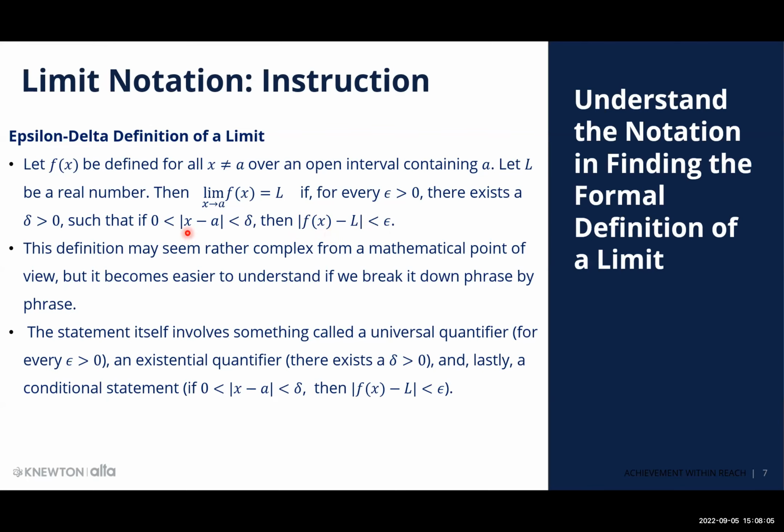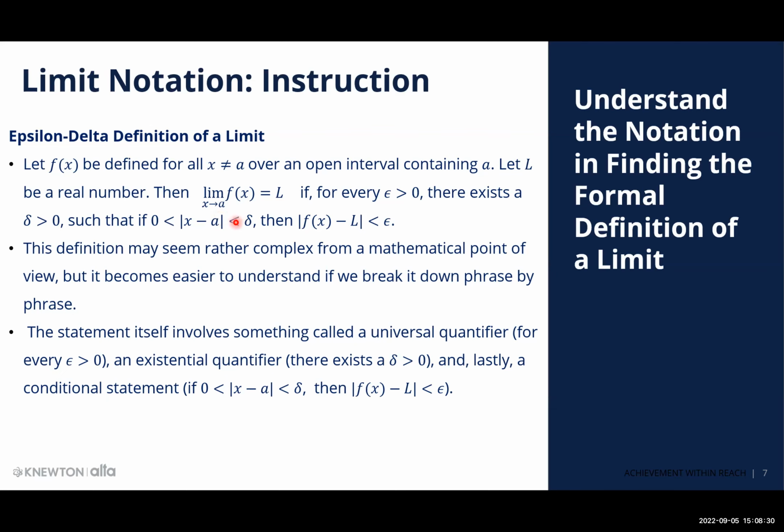Basically, one way to interpret this is if you choose a point that's very close to whatever value you're approaching, within delta, then it should be true that your output is very close to the limit, within epsilon.